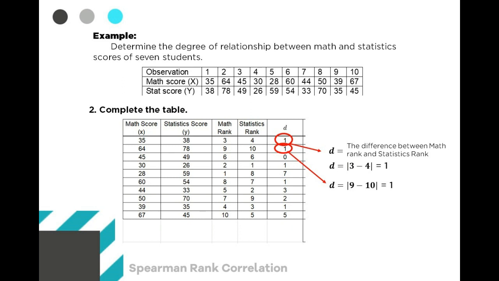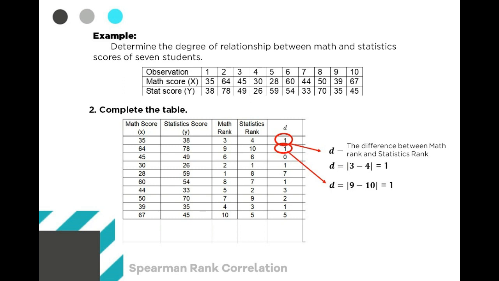But in this specific example, in our discussion, we'll be using the distance para mas madali sa atin. Okay, to come up with the difference between math and the statistics score.